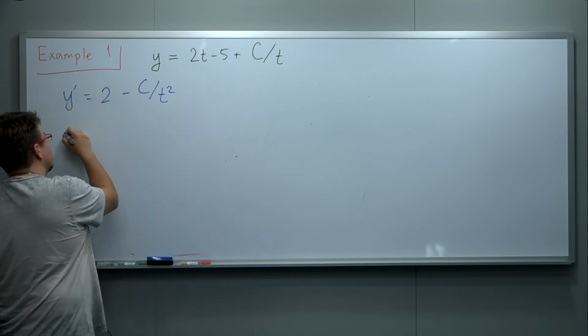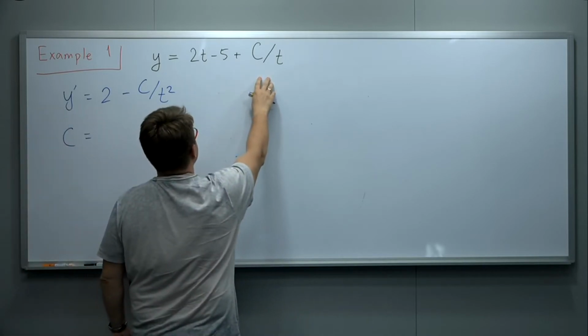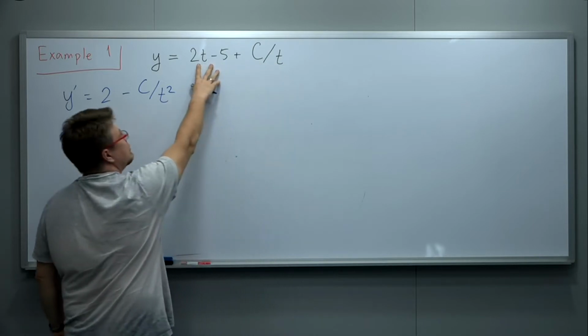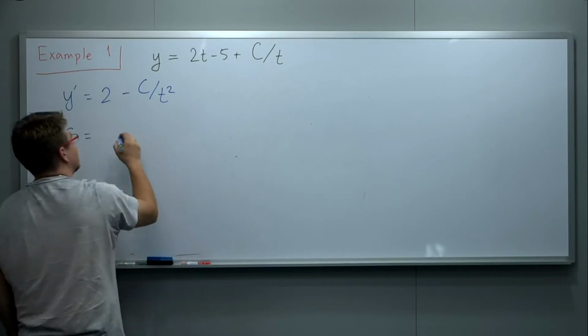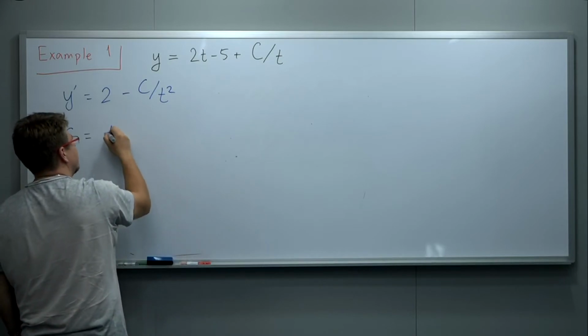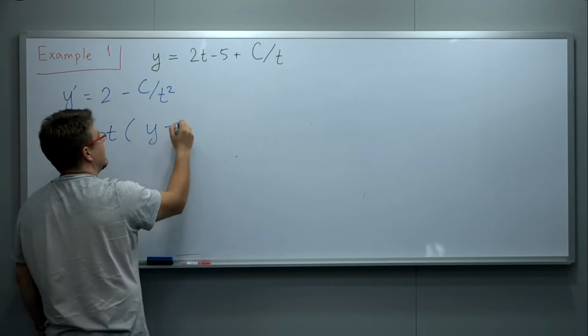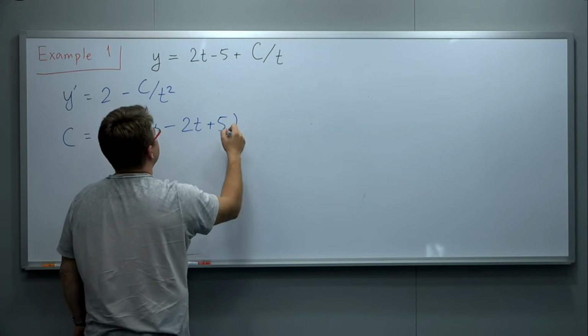So from the first equation, c equals, well, to find c, we need to move 2t minus 5 to the left-hand side, multiply by t. So then we are going to get t times y minus 2t plus 5.